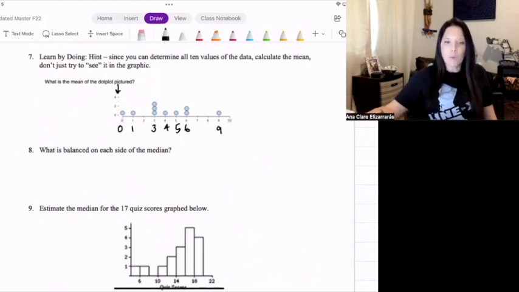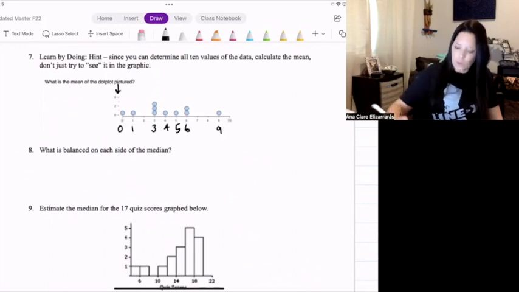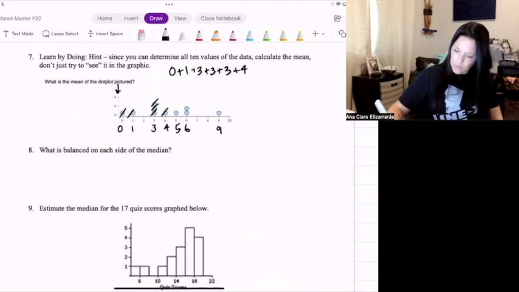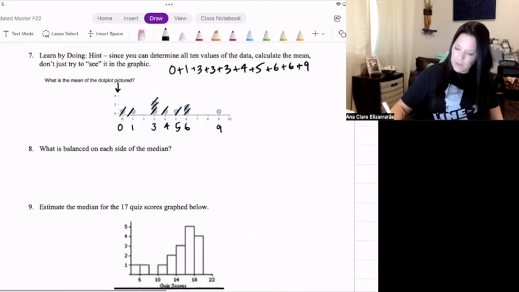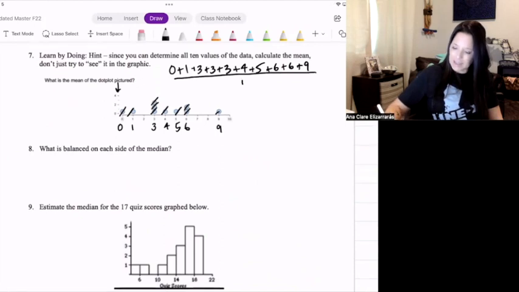But we have more 3s and we have more 6s. So what do we have total? We have 0 plus 1 plus 3 plus 3 plus 3 plus 4 plus 5 plus 6 plus 6 plus 9 divided by, well, how many points is that? 1, 2, 3, 4, 5, 6, 7, 8, 9, 10 dots.